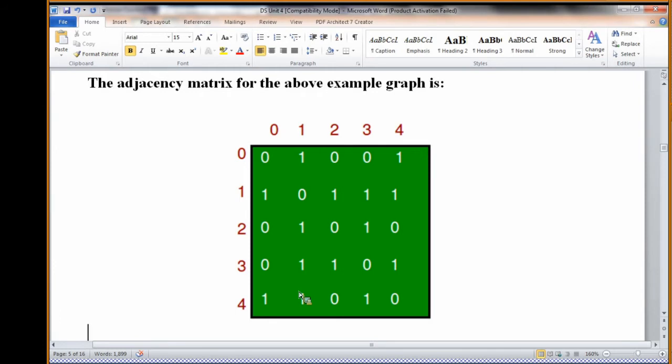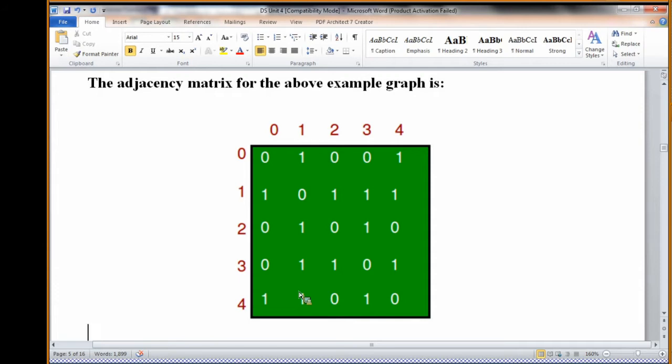Wherever the edges are formed by connecting the nodes, we will put a 1. 1 means the edge is formed, and 0 means the edge is not formed. Based on this matrix, we can understand whether 3 to 2 is there or not. Yes. And 3 to 3 and 3 to 4, is there or not. Sometimes graphs will be self-connected also, 3 to 3.